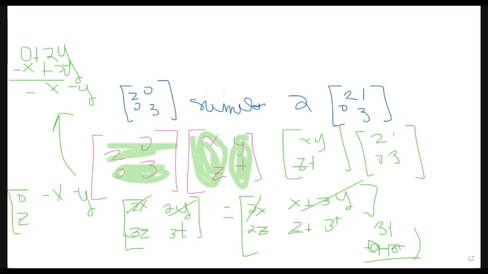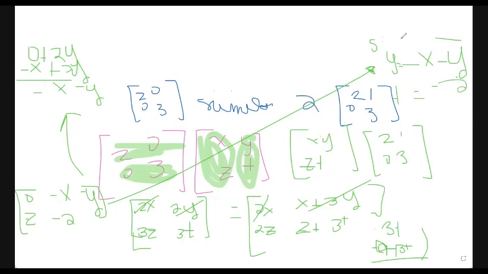And so that would give you negative 2. Okay, so your answer to this would be that these two are similar as long as you have an S matrix where y is equal to negative x minus y, and t is equal to negative 2. Yes. Okay. That, I believe, makes sense.